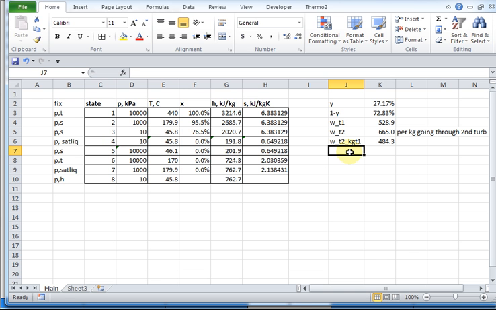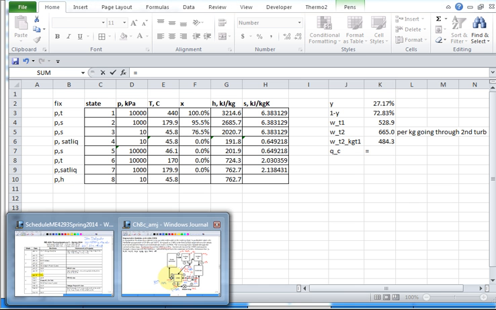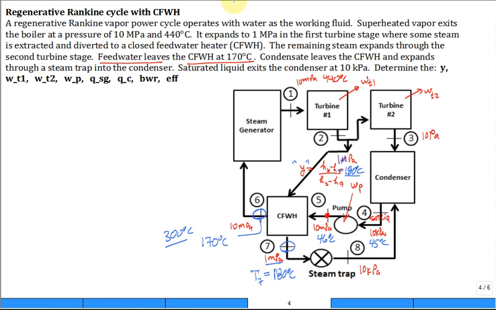Then we go to maybe, what is it, Q in the condenser. So what is Q in the condenser? Let me back up and show a slide here. In the condenser, you can think about this stream being condensed and this stream being condensed, true?